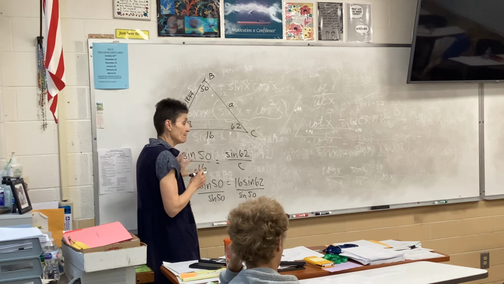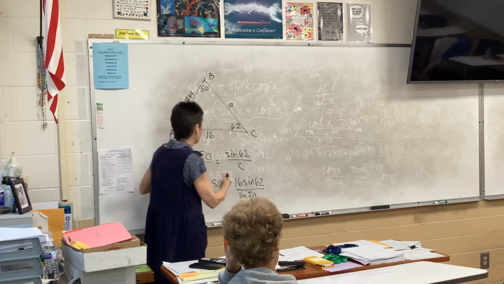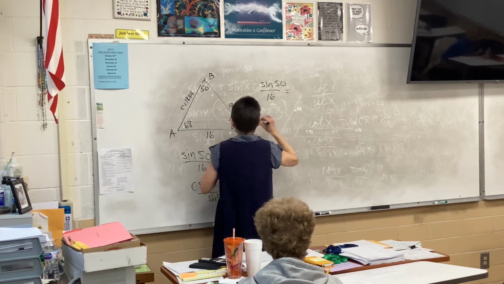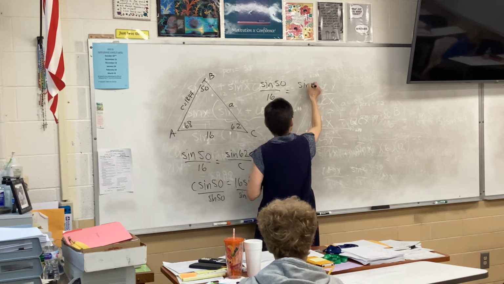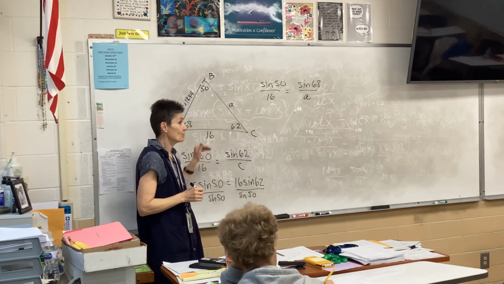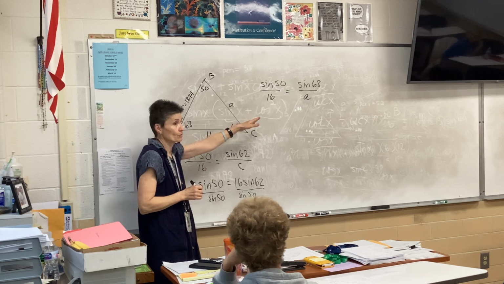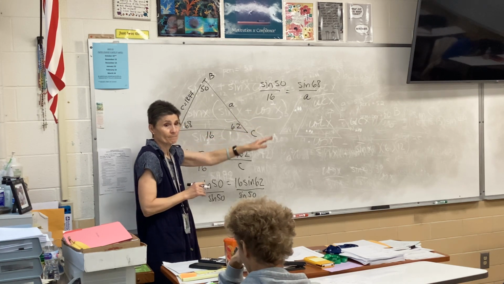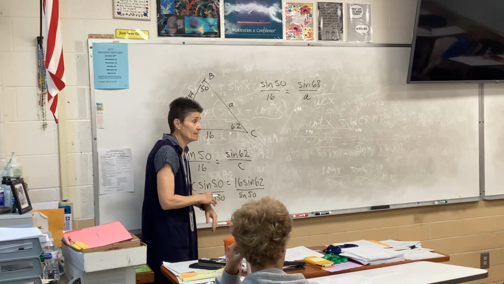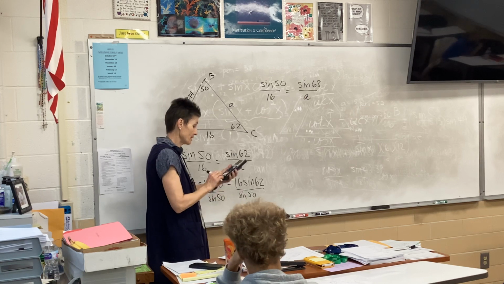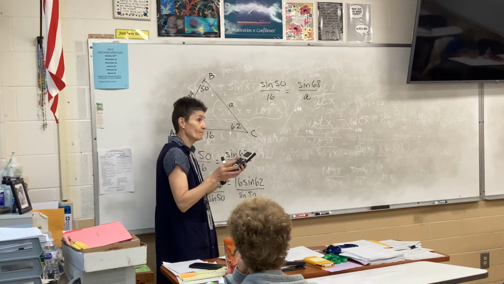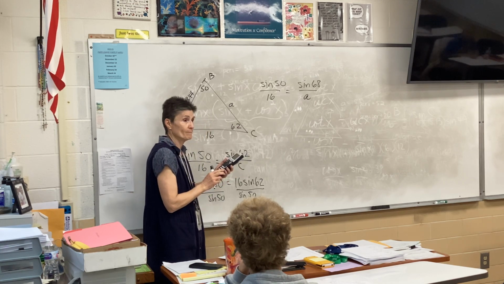Then we can jump right back in and do this exact thing again, starting with sine 50 over 16. But this time, we'll say sine 68 over A. Kids, the order that you do that doesn't matter. You could have done A first. Makes no difference. All right, so let's cross multiply and divide and come up with an answer. Let's all do it so that when we take a quiz or a test, we don't spend 20 minutes on one problem.